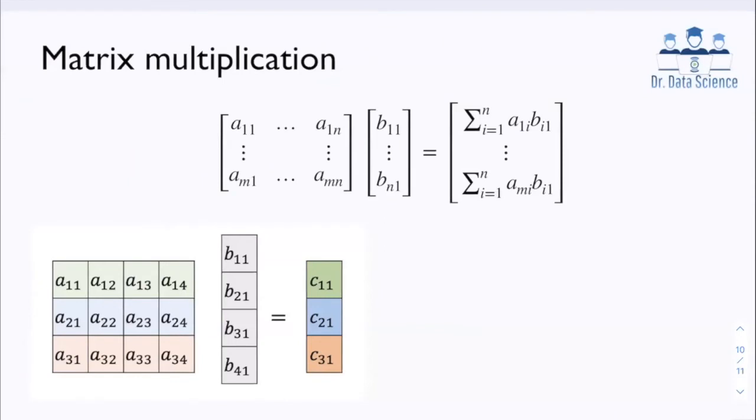So now you may wonder what a matrix multiplication is. In this case, let's look at one simple example that we have a two-dimensional array which has m rows and n columns. So in linear algebra, we call this m by n.